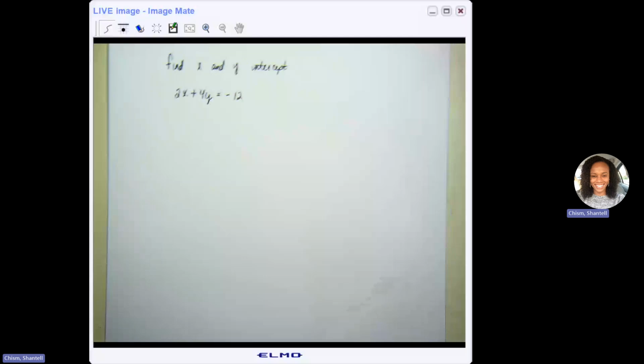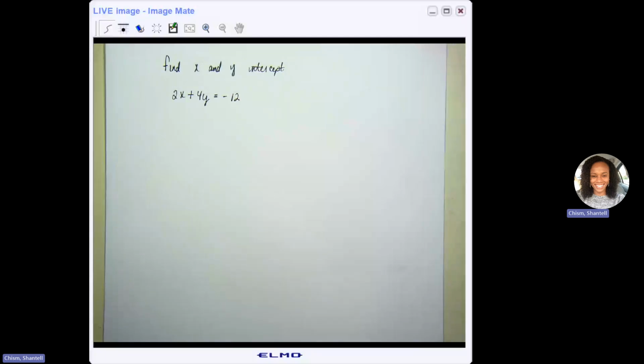This thing with the computer, I have to go back and forth, so bear with me. Okay, so when I do have to graph, I'll go to those specifically. For the most part, though, these problems I'll be able to write. This one says find the x and y intercepts.